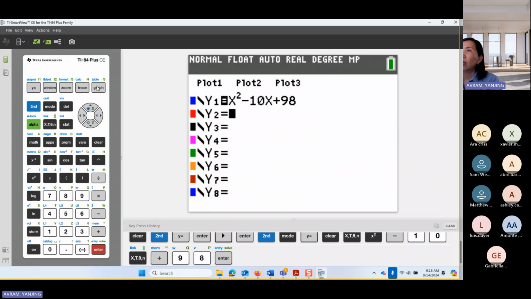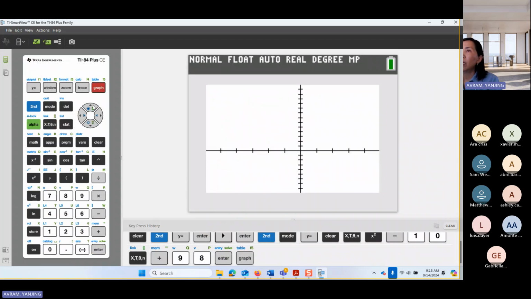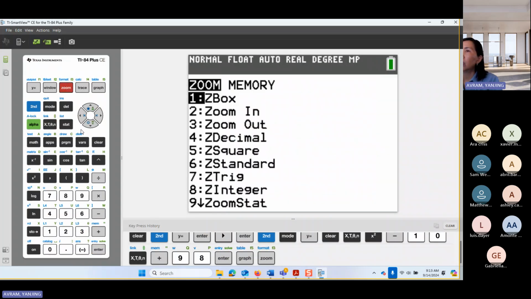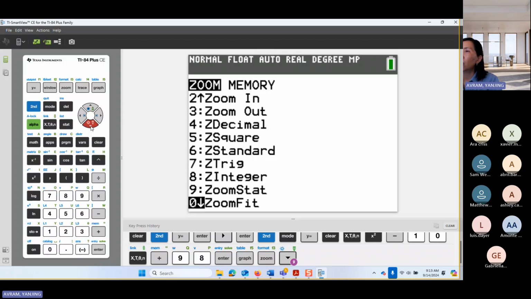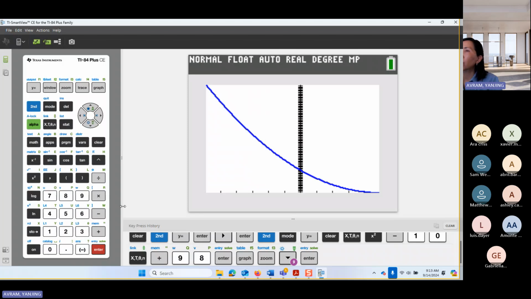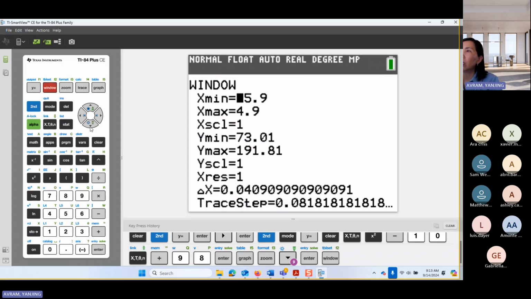Okay, I will graph that, and if you don't see anything, I can go ahead and use ZoomFit. Oh, ZoomFit doesn't show that much, so I can adjust my window a little bit.